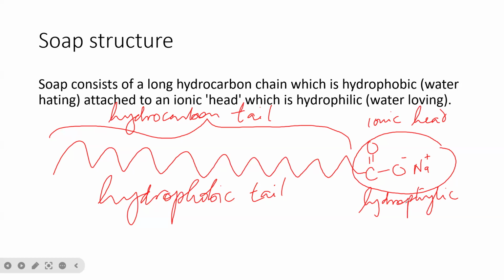Exactly. So when we say the tail is hydrophobic, we say the tail is not water loving. The tail does not blend with water. The tail does not dissolve in water. Are we together? I hope everybody understands this. The tail does not like water, but the head likes water.